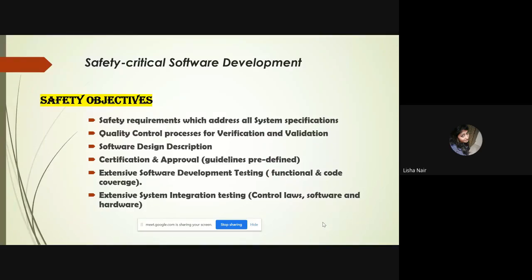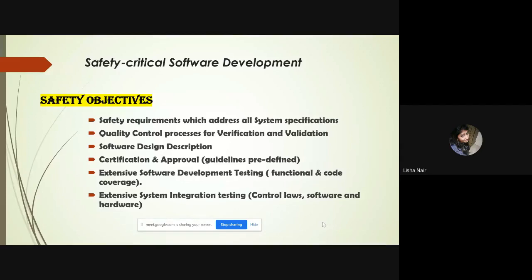You integrate all of them together, and then certain aspects of the software, hardware, communication, the links, whether they are linked properly, all these are tested in the integration phase. So that also goes through a rigorous testing.